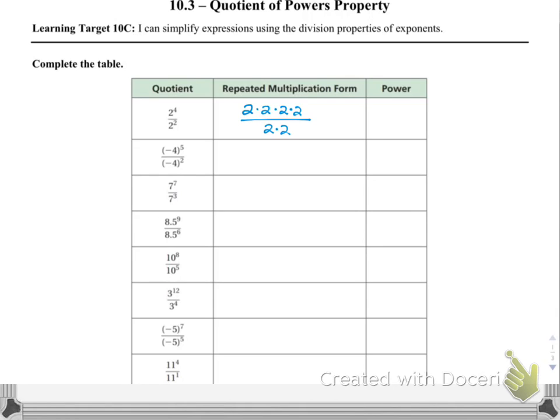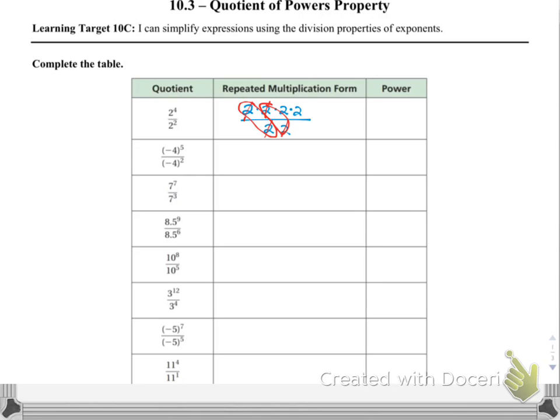Now, if you remember fractions, anytime you have 2 over 2, that cancels, right? That becomes 1. So, for example, this pair of 2's right here, I can cancel that because they pair up, right? There's another one that I can pair up here. Now, I've canceled as much as I could.